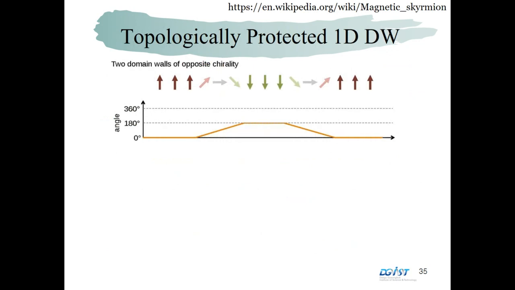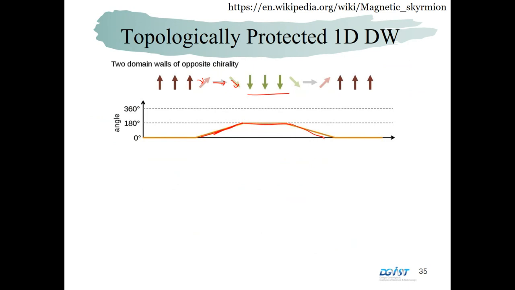Okay, and let's focus on the domain structure first. This is the formation of three domains: up, down, up, and we have two domain walls here. And this graph tells us the direction of the magnetization. From 0, we find a certain angle in a domain wall, and finally, they have 180 degrees.